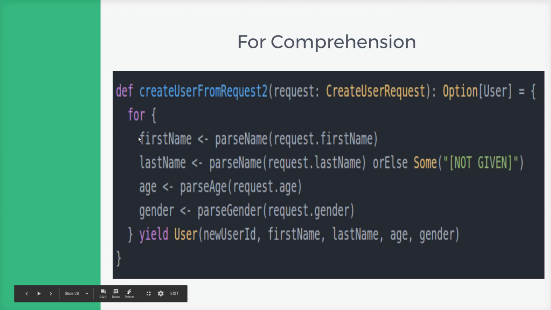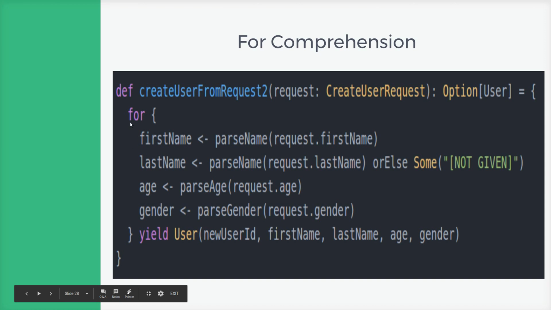And the way for dealing with this for comprehension is that first name will take every value that person name is returning. In this case, you can see it like a for each in Ruby or Java, where first name is the value that is being taken, performing a for each on the result from person name.